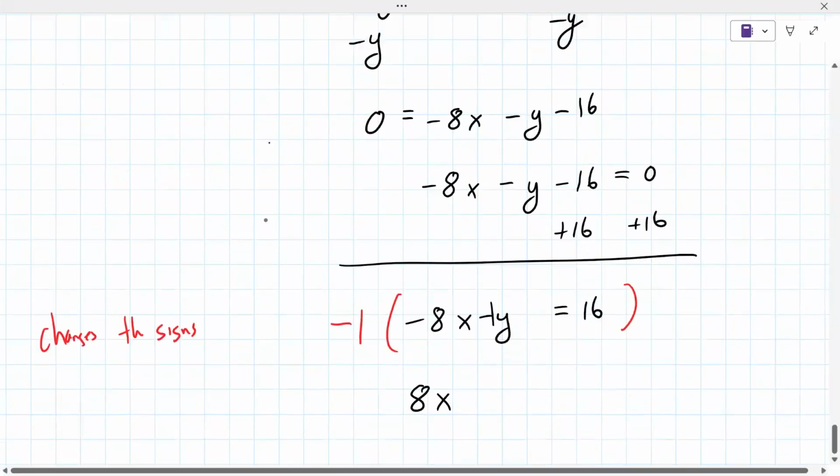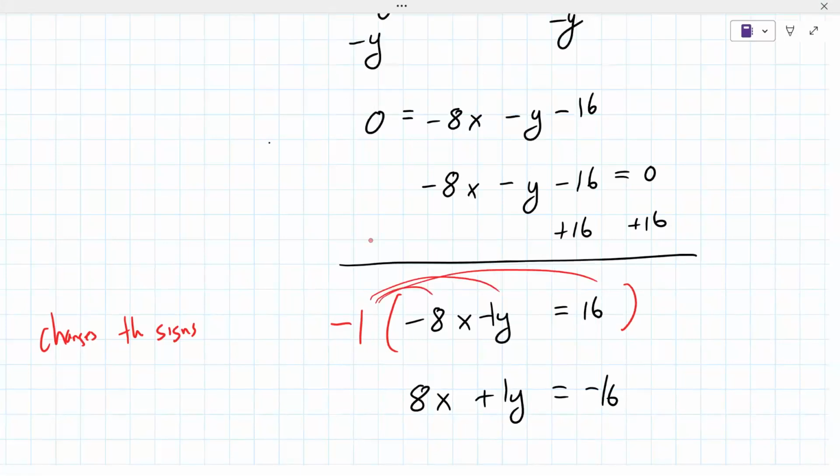So it becomes 8x plus 1y equals -16. All three of them get the negative. And that is your final answer.